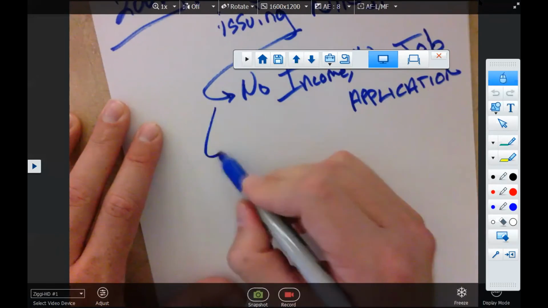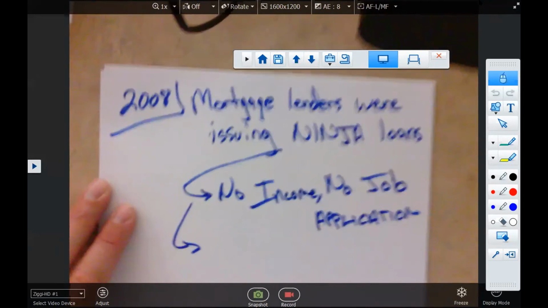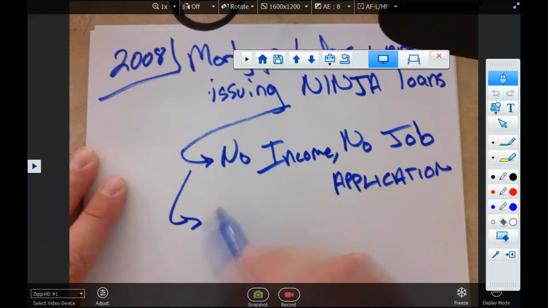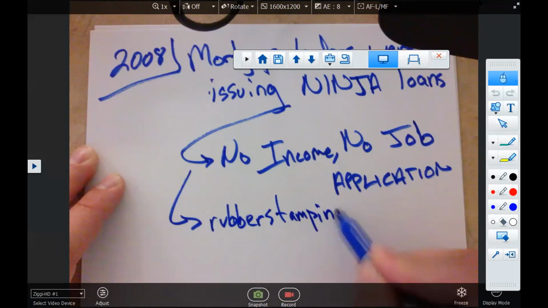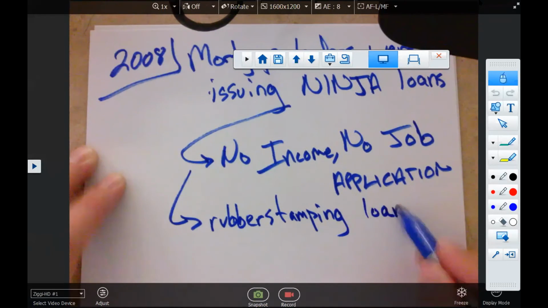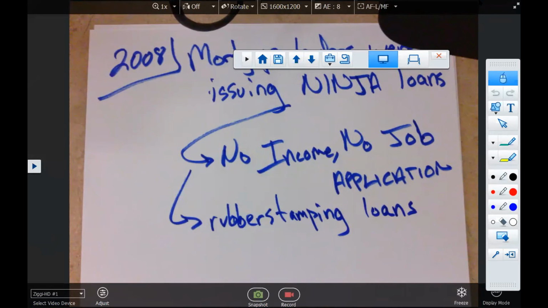So essentially, rubber stamping. Do we all know what that means? Rubber stamping is when you don't actually consider something and you're just saying, yep, approve, approve, approve, approve, right?